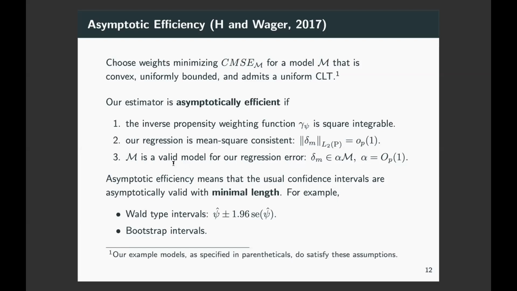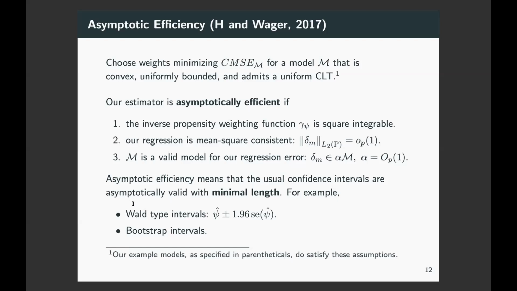So this is nice. For those who aren't familiar with asymptotic efficiency, essentially it means that the usual confidence intervals are asymptotically valid, and they have minimal length among asymptotically valid intervals. So this really lets us do inference pretty much however we want.